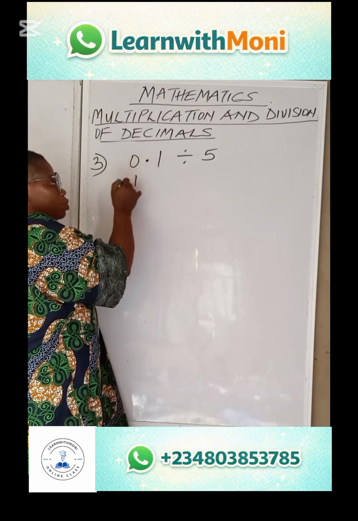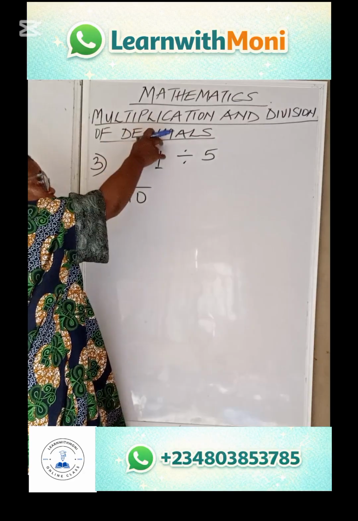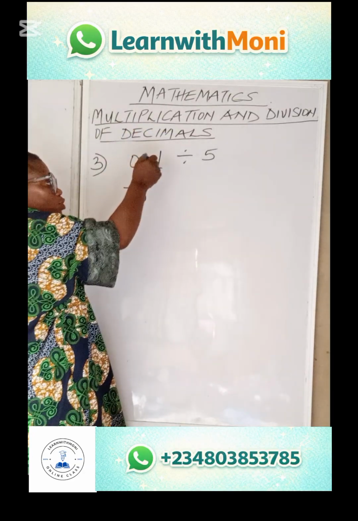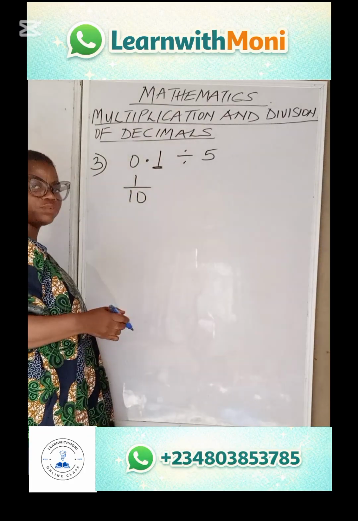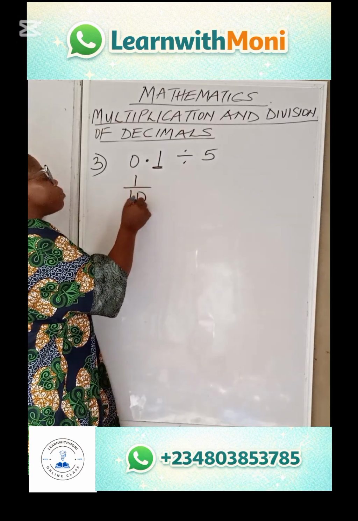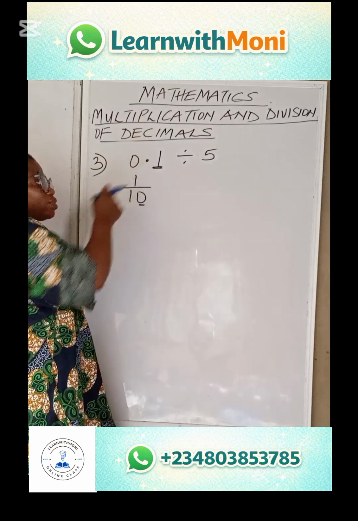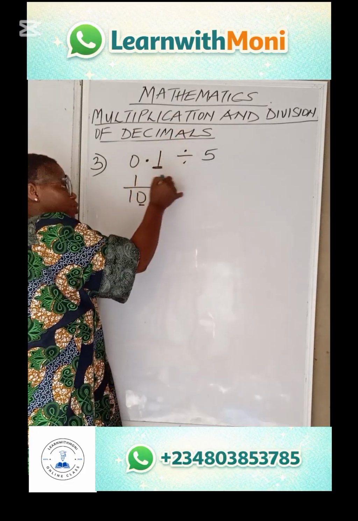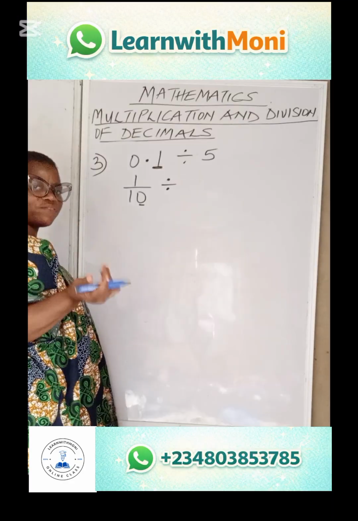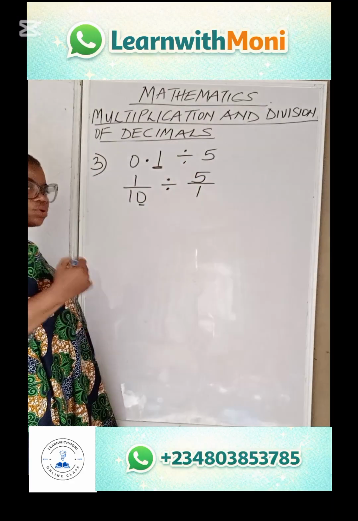0.1 is 1 over 10. I hope you remember that. You write the number as if it was without decimal points. Then you count the number of decimal places, that is the number of digits you have at the back of the decimal point. And you use that as the number of zeros you have as the denominator. So this is 1 over 10. And this division is still here, divided by, this is 5 whole number. 5 whole number is the same thing as 5 over 1. 5 divided by 1 is 5.